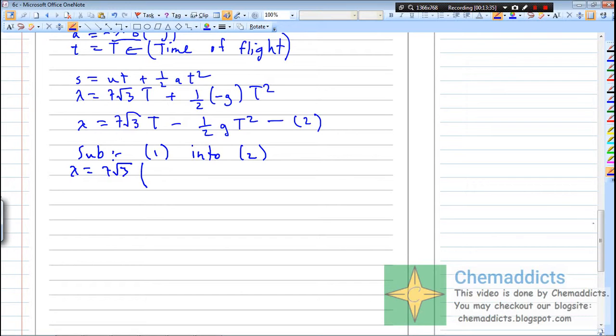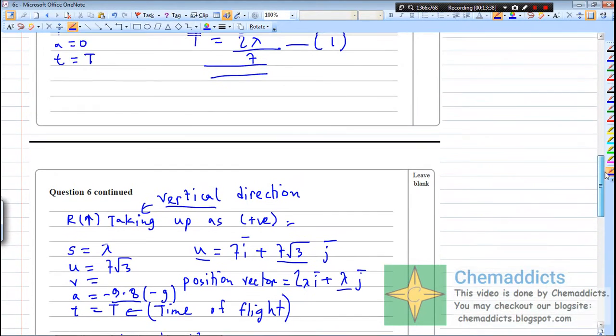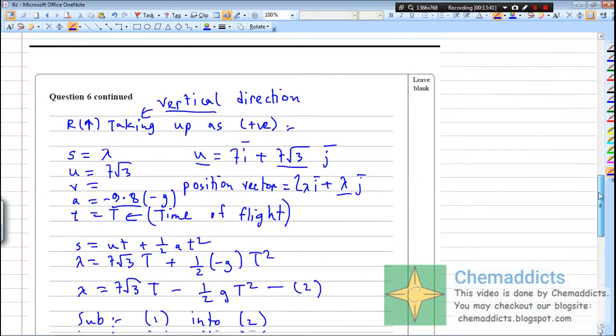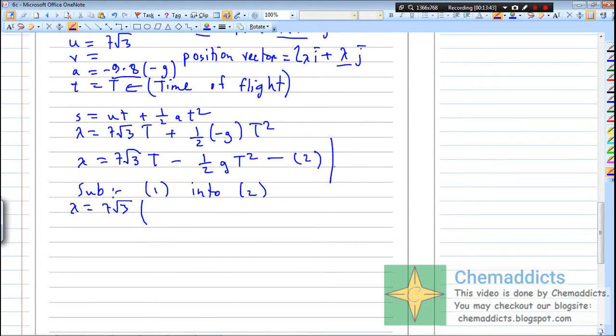Let us substitute the value of t, which is 2 lambda by 7. Lambda equals 7 root 3 times 2 lambda by 7, minus half g times 2 lambda by 7 whole squared. So if we work it out, let's do the math.